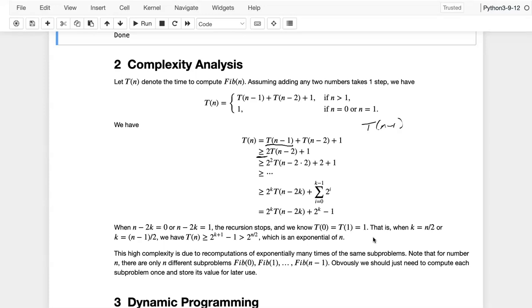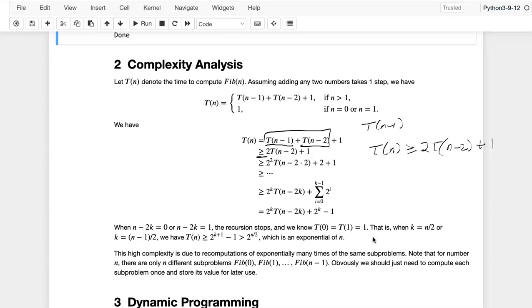So then I have T of n greater than or equal to two copies, and in the earlier example, I already showed you, for each of those, it will have to rely on two copies, and then this will be greater than or equal to 2 times T of n minus 2.